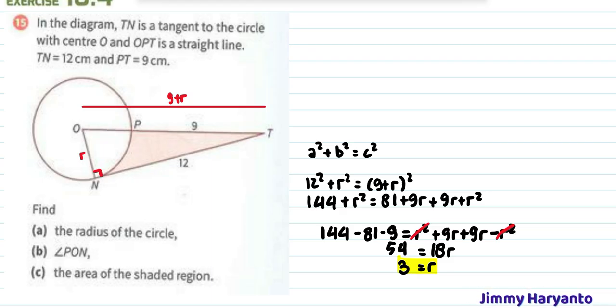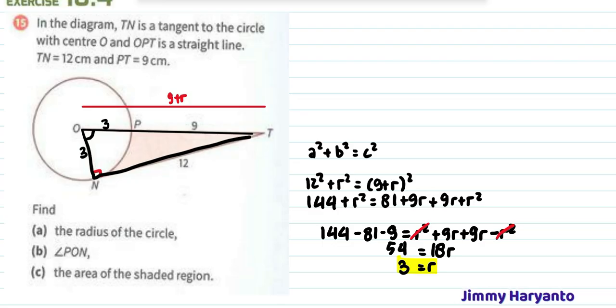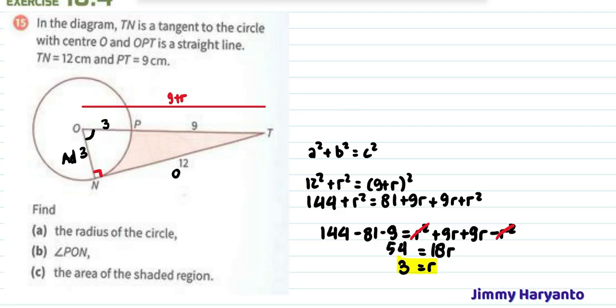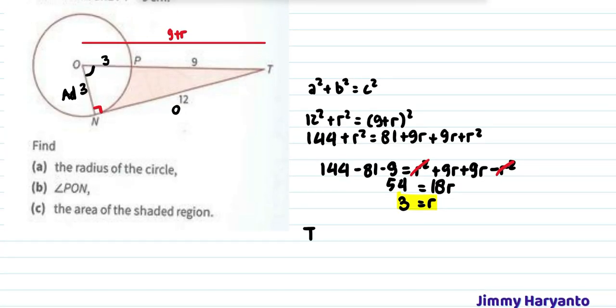This one is 3 and 3. Next is the angle of PON. PON is this one. We'll use the triangle still. This is the triangle. Yeah, that means this one is the opposite side. This one is the adjacent side. We will use tangent, guys. So tangent theta equals opposite over adjacent.